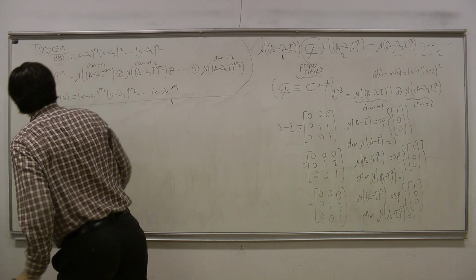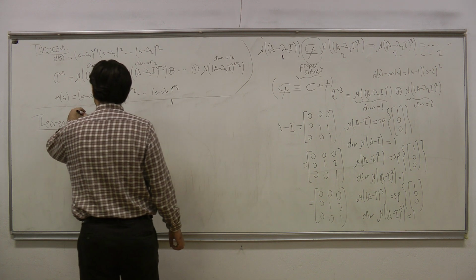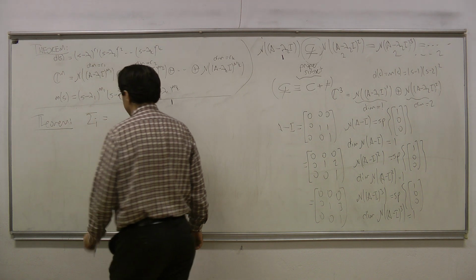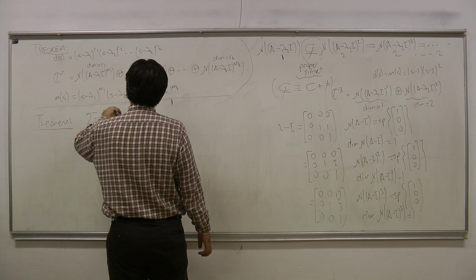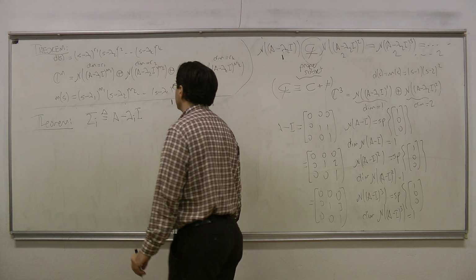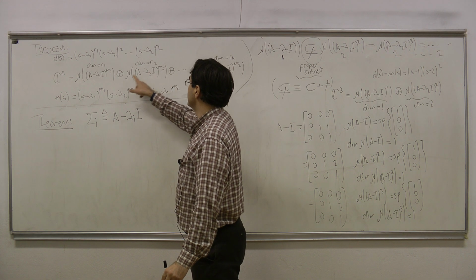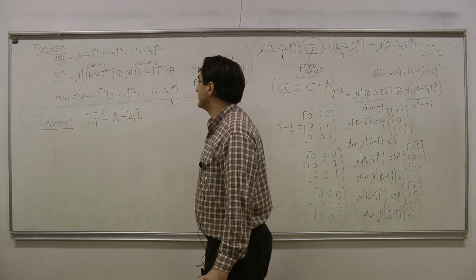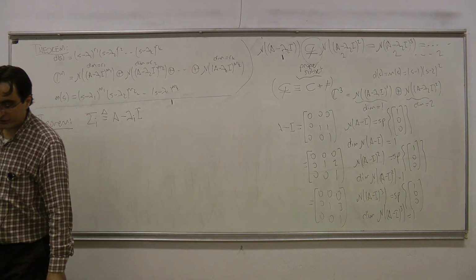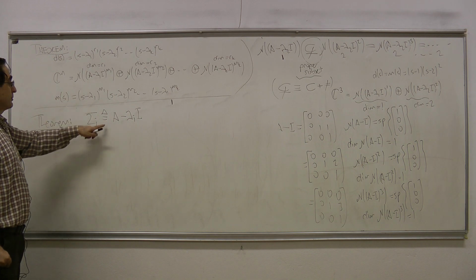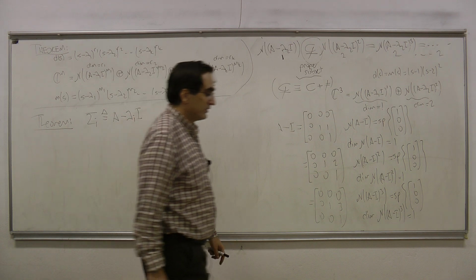In order not to write A minus lambda I identity every time, I will define this matrix, sigma I. Okay? This is going to be defined as A minus lambda I identity. So this matrix here, if I is equal to 2, it is this matrix. If I is equal to 1, I have this matrix. Okay? So now I will try to explain the structure of the null space of sigma I square, sigma I cube, etc.